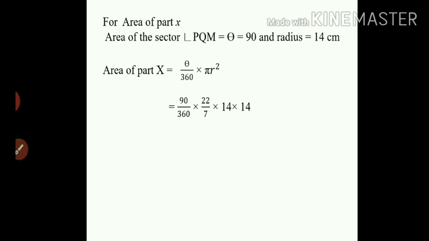So 9 upon 36 is left. 9 ones are 9, 9 fours are 36. Again I can cancel 7 and 14. So 1 upon 4 into 22 multiplied by 14 into 2, that is 22 multiplied by 2 multiplied by 14. I get 616 divided by 4 will be 154 square centimeter. This will be my statement number 1, that is for the area of part X.